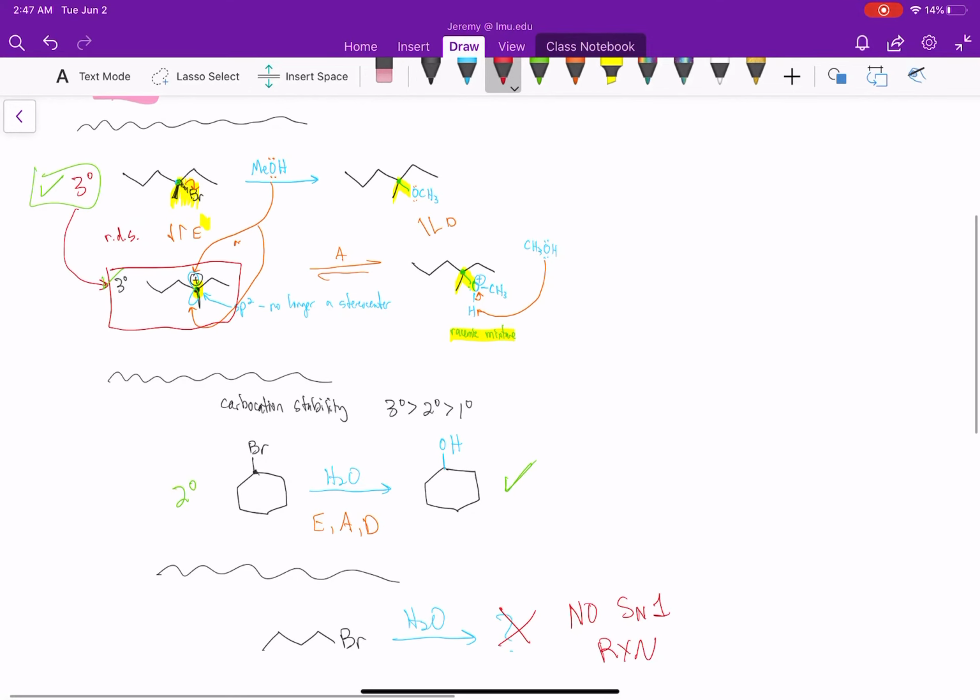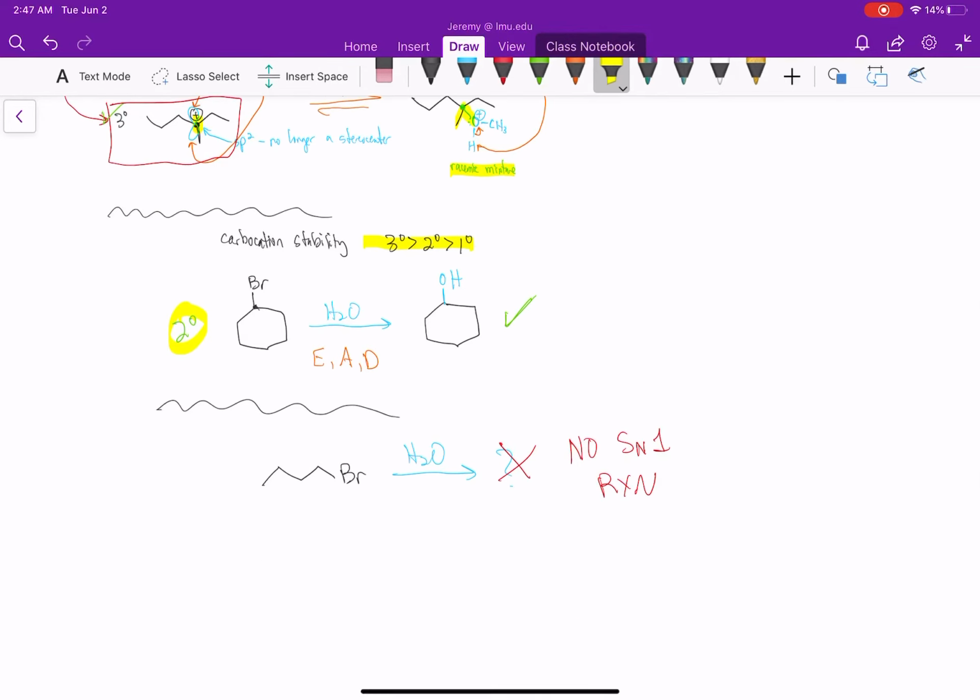Well, remember our carbocation stability. Tertiary is more stable than secondary, more stable than primary. Tertiary will work, secondary will work, but primary won't. Why? A primary carbocation is too high in energy.